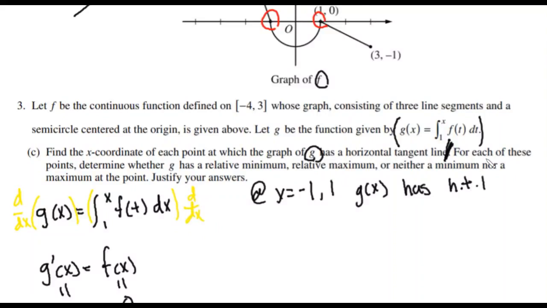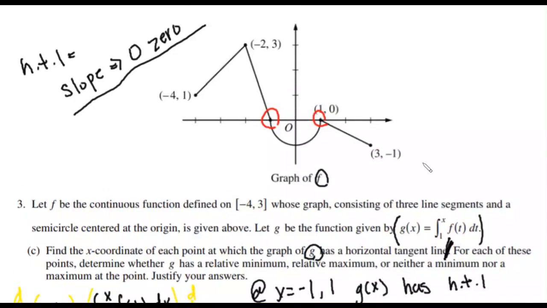So the second part is, for each of these points, determine whether g has a relative minimum. Let's just draw a random graph. I will just draw a parabola, and let's say this is the graph of g. So this is g of x, not g prime x. What is this point?